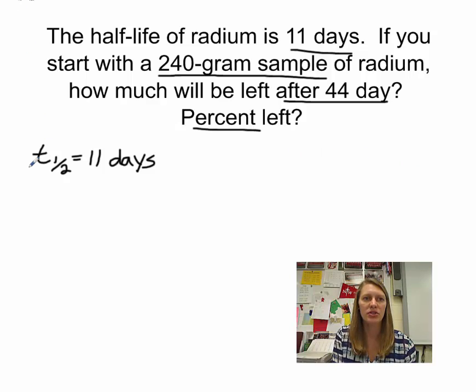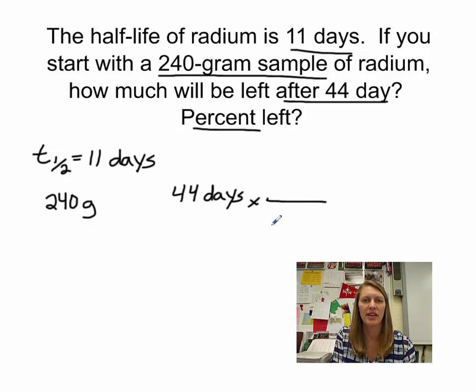So if I started with 240 grams, I know that I'm looking at how much is left after 44 days. Well, in 44 days, I got to figure out how many half-lives that is. So I'm going to do a little dimensional analysis here.